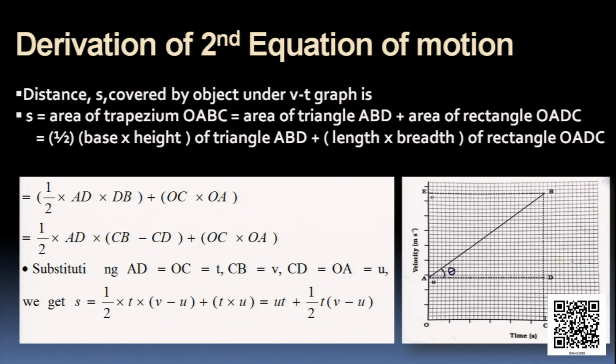Now the distance covered by the object under the velocity time graph is equal to the area of the trapezium OABC. I have already explained how to calculate the distance from the area under the velocity time graph. So distance of the object is S equal to area of the trapezium OABC.